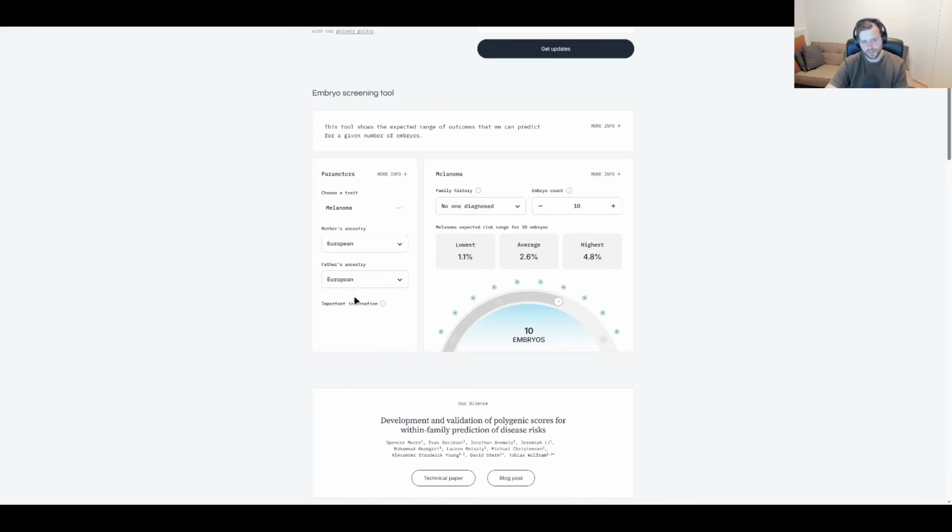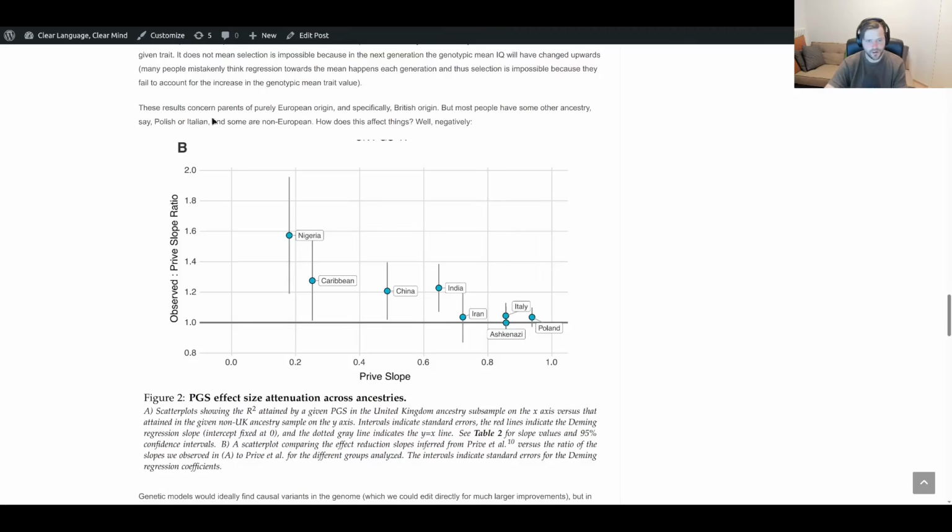But the absolute probability values, and the ratio between the highest and the lowest, depend also on your ancestry and will be slightly worse if you are of non-North European ancestry, especially if you're African. So that's just inherent to this method.